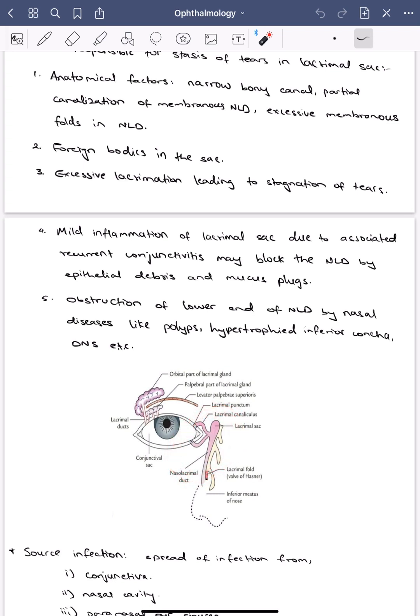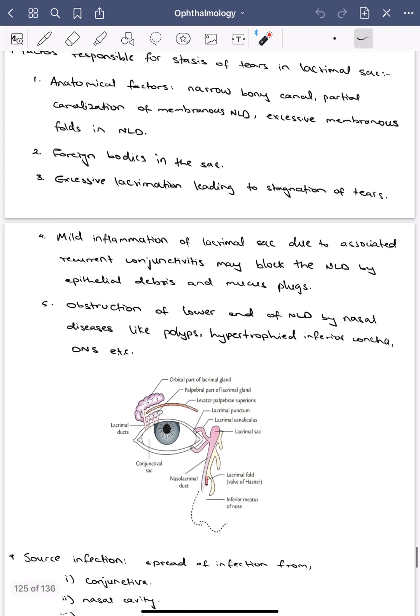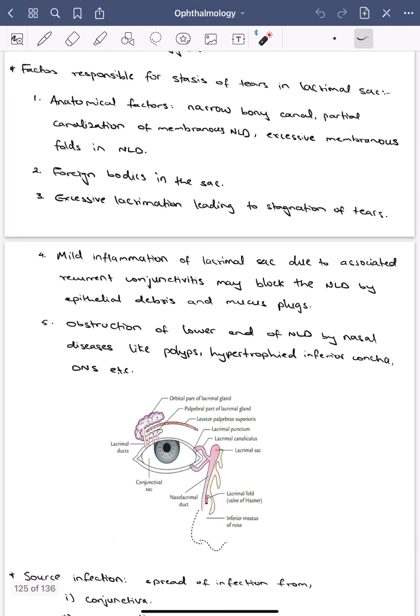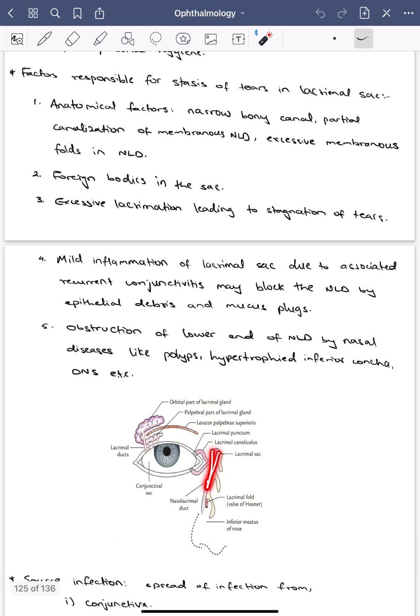Now, this can be remembered as either excessive lacrimation leading to stagnation of the tears, or blockage within the lacrimal sac, and this blockage may be due to foreign bodies or epithelial debris and mucus plugs due to mild inflammation of the lacrimal sac. Then it may also be due to partial canalization of the membranous nasolacrimal duct or excessive membranous folds within the nasolacrimal duct.